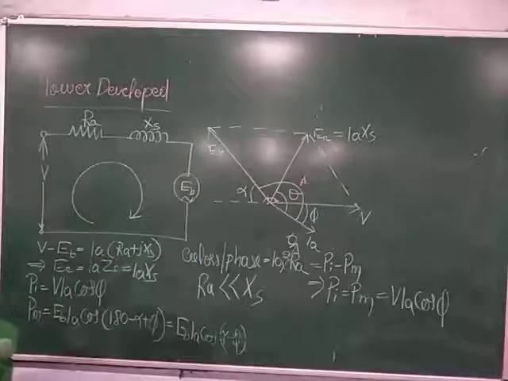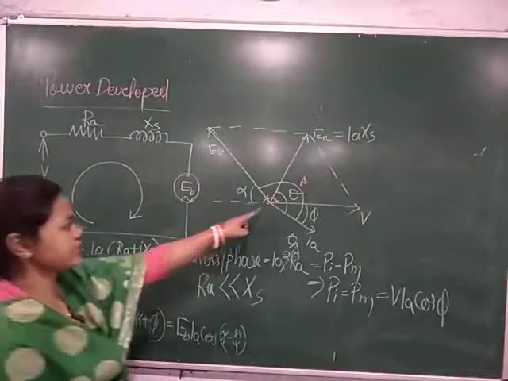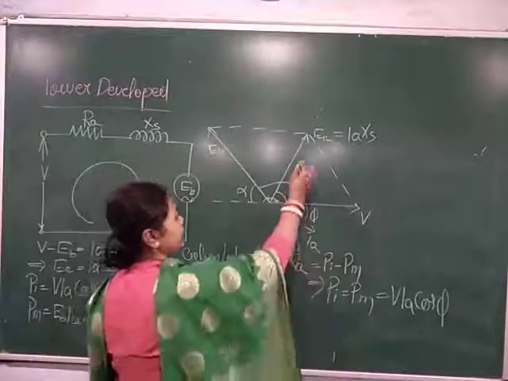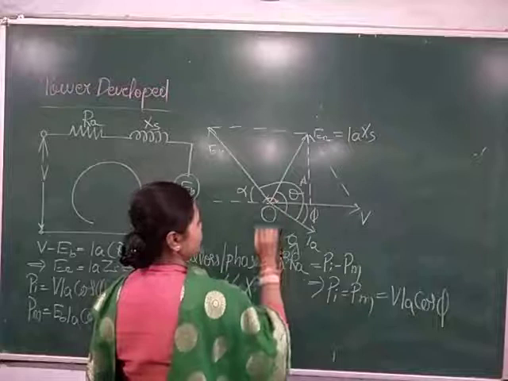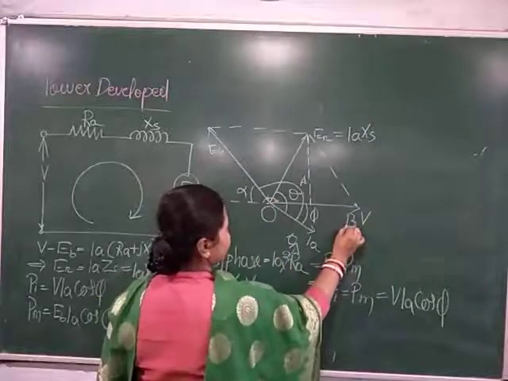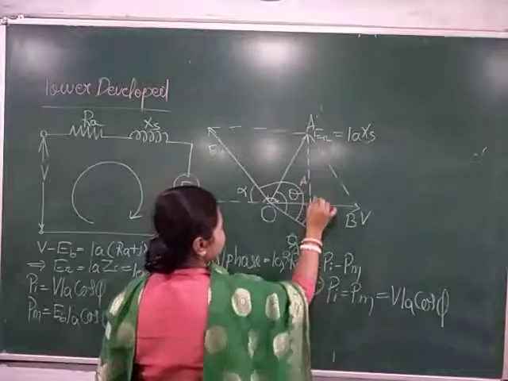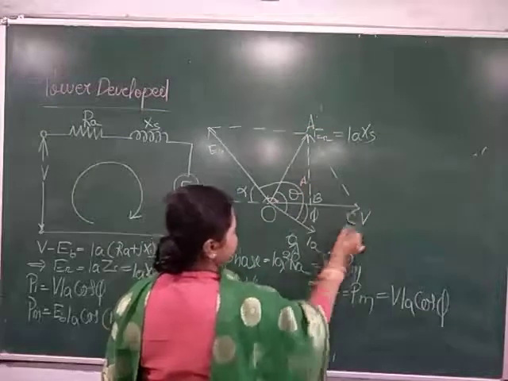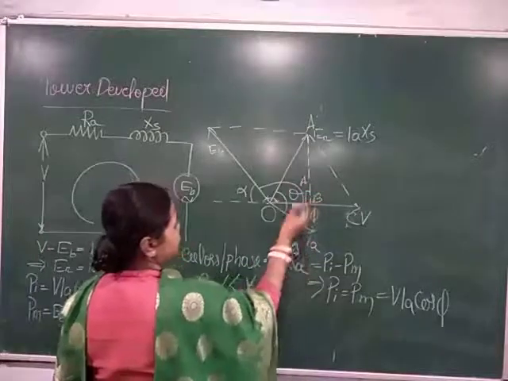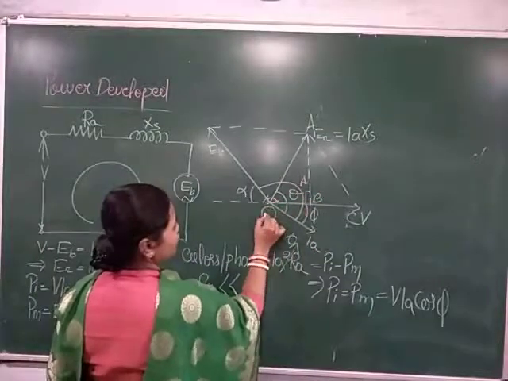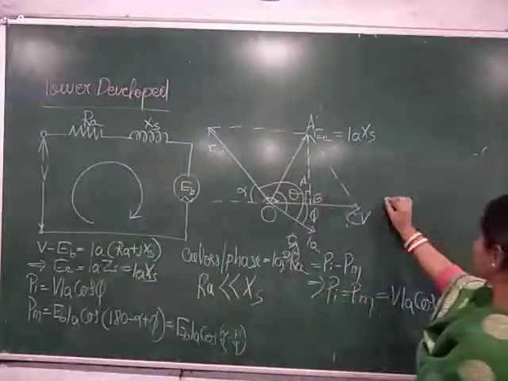Now I derive the mechanical power developed from this phasor diagram. Let me draw a perpendicular line here. This is O, this is A, this is B, this is C, and let this angle be 90 degrees. Now for the triangles OBA and ABC, I draw them separately.